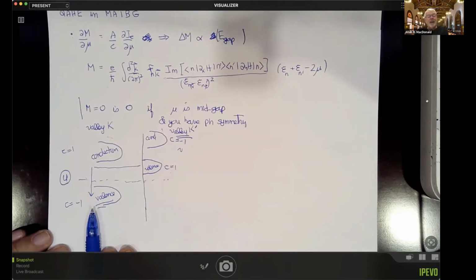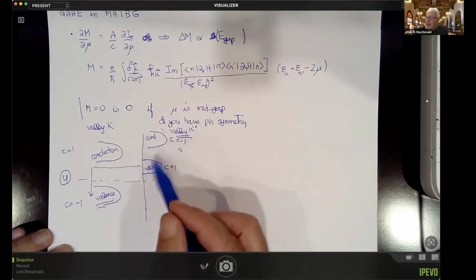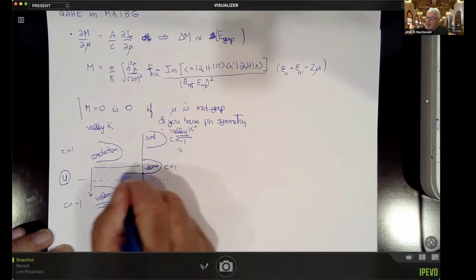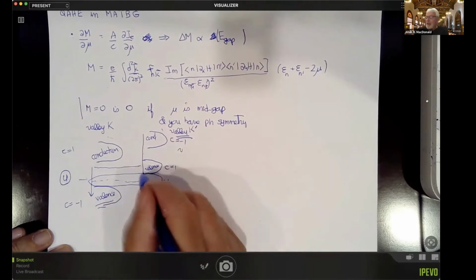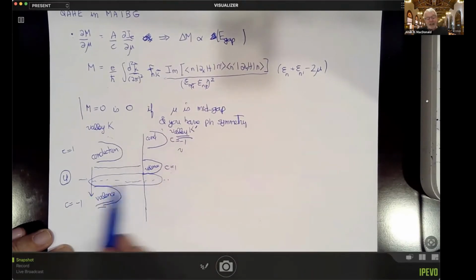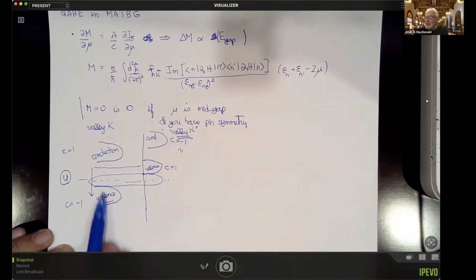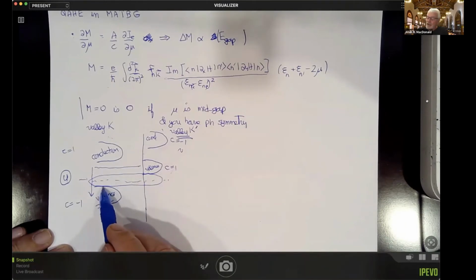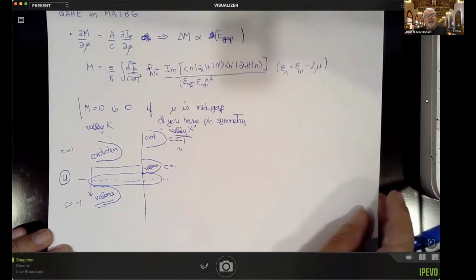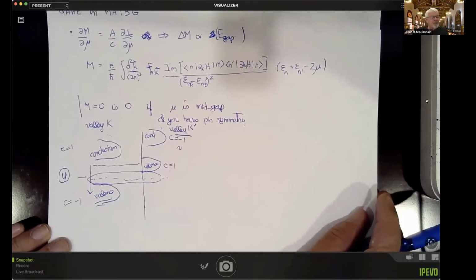Because at the value that I've sketched, the region of energy that is actually in the gap of this valley polarized insulator does not include the chemical potential at mid-gap for the other valley. So in this case, as you change density, when the chemical potential jumps from here to here, nowhere in this gap will you get a zero magnetization. So the magnetization would not change.